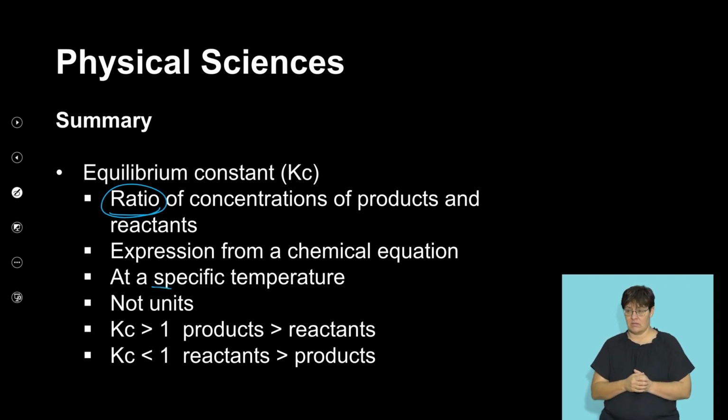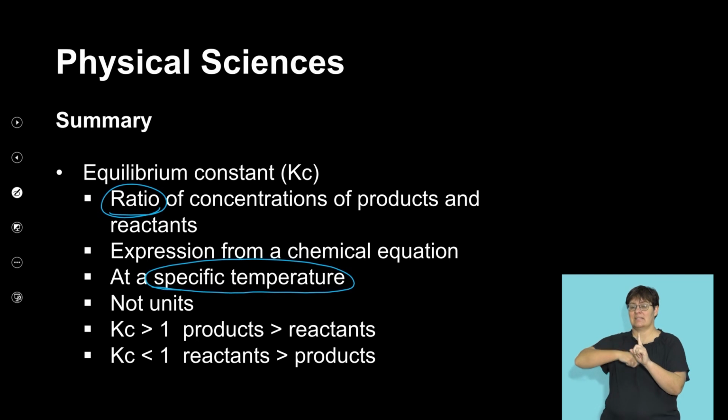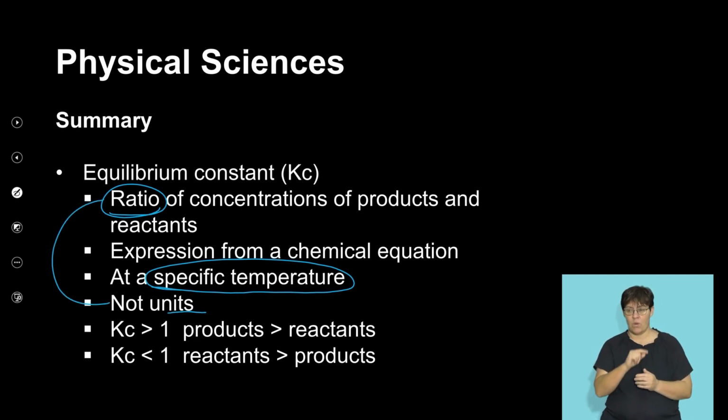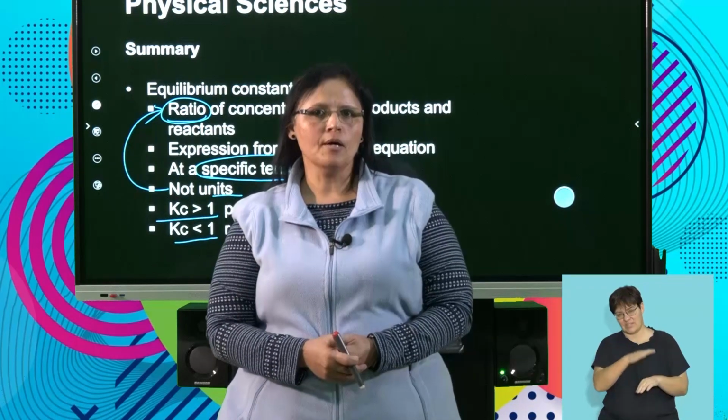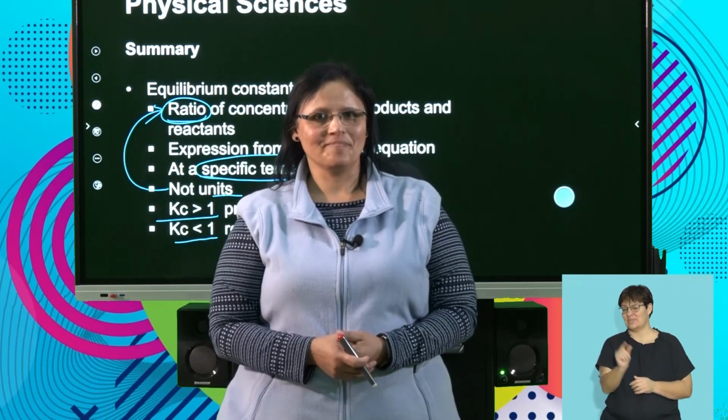It only applies to a specific temperature. There are no units because it is a ratio. When Kc is bigger than 1, your products are more than your reactants. And when Kc is smaller than 1, your reactants are more than your products. Thank you very much for your time. We'll see each other soon.